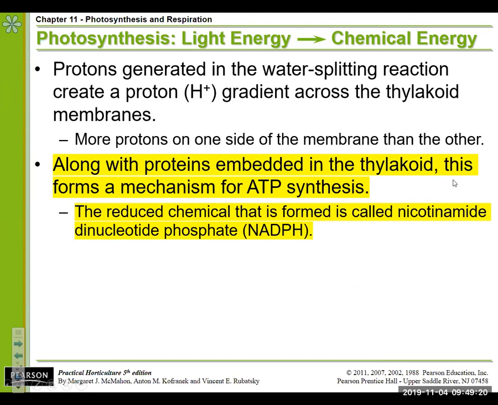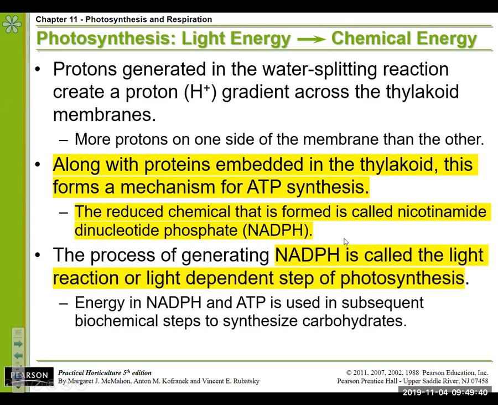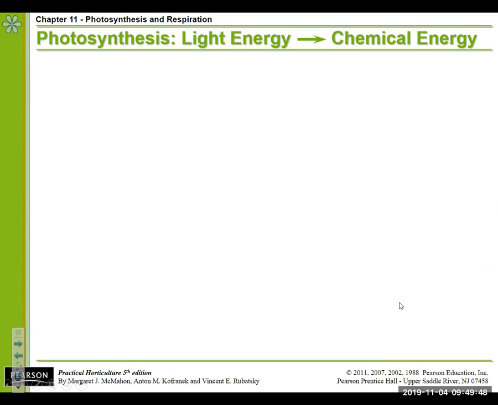And ATP, just remember that that is basically the energy carrier. We also have the reduced chemical that is formed called nicotinamide adenine dinucleotide phosphate, better known as NADPH. That's just the reduced form moving those electrons. Basically this is the light reaction, the light-dependent step of photosynthesis.